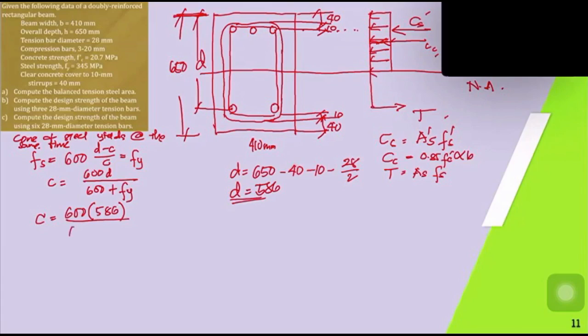Then 600 plus Fy, which is 345. The value of C is 372.06, so 372.